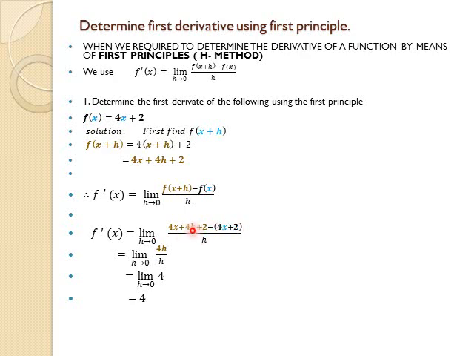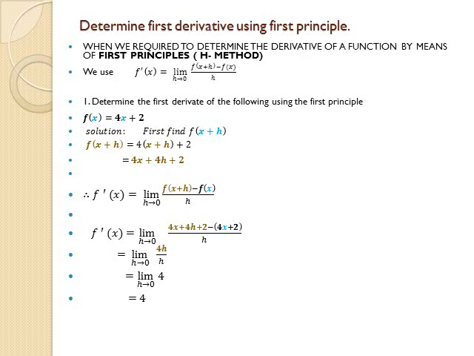You can literally check whenever we simplify these two, the only items that must be left must contain an h in it. Now 4h over h, the h cancels, so I'm left with the limit as h tends to 0 of 4, and the limit of a constant stays 4. So here we have a constant rate of change.